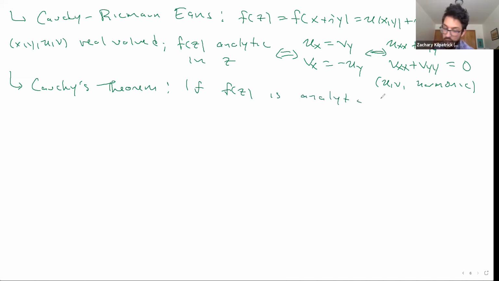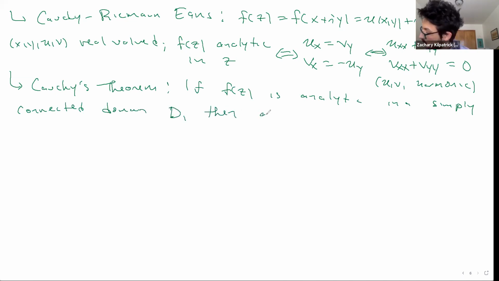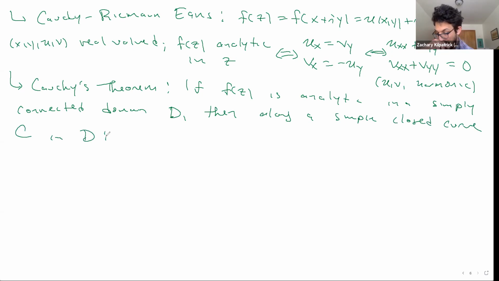And the idea there is that if f of z is analytic in a simply connected domain, then along a simple closed curve C in D, the following thing is true, that the integral of f of z dz is equal to 0. Okay? We're going to use that a lot in order to compute these contour integrals.